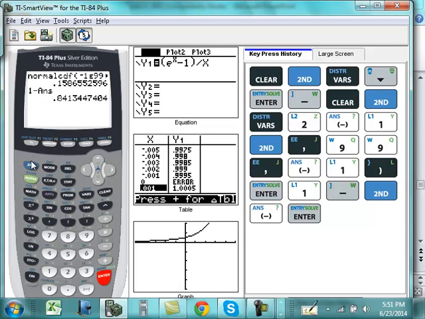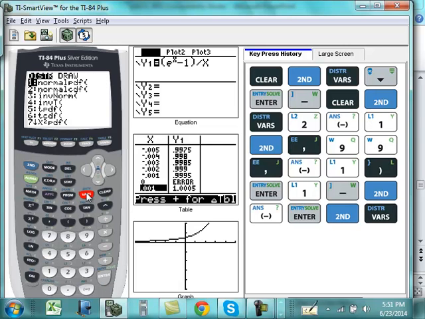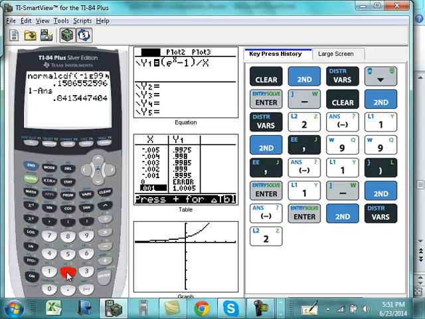So normal CDF, which is option 2, from -1 comma to infinity.